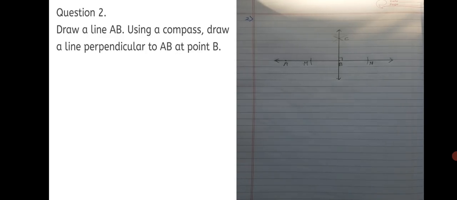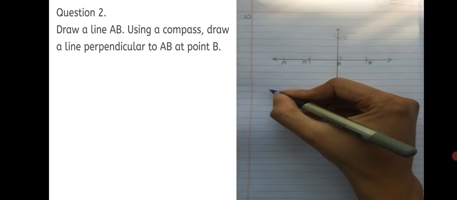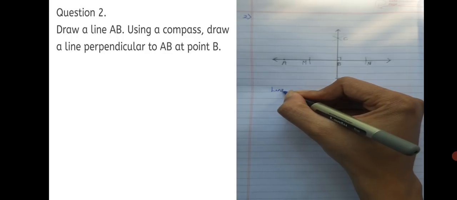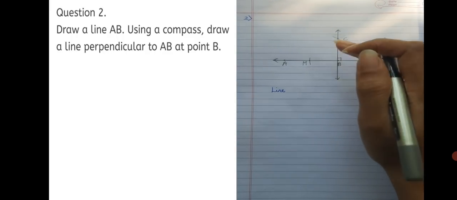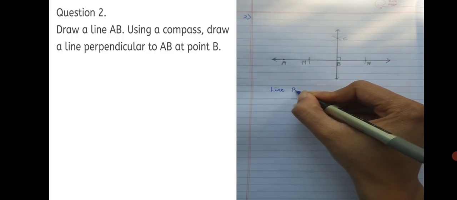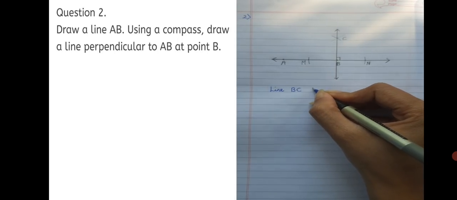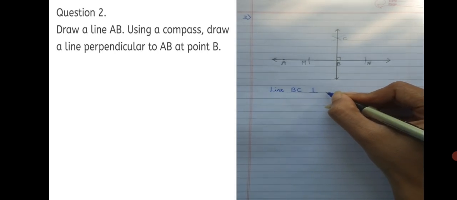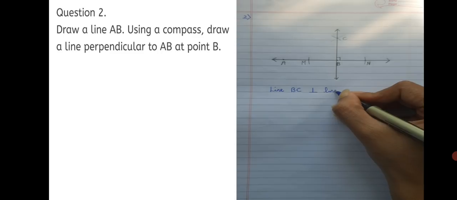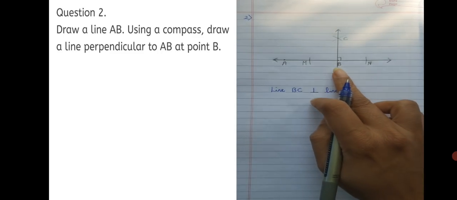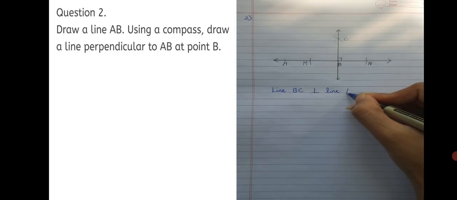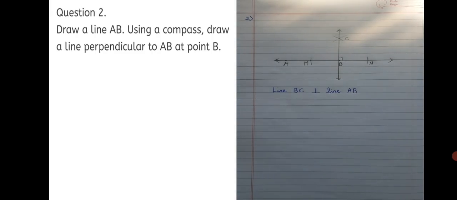So now we can say that line BC perpendicular to line AB at B. So this way we have completed our question number 2.